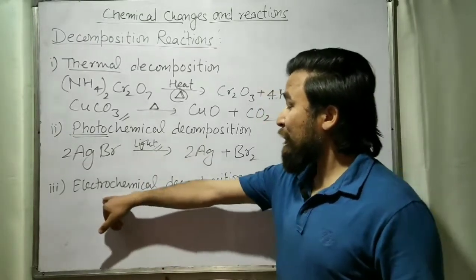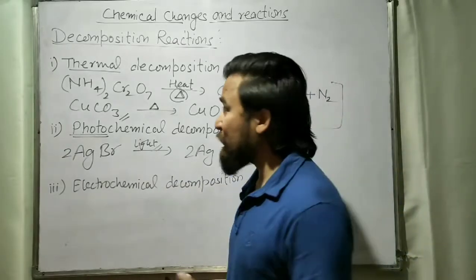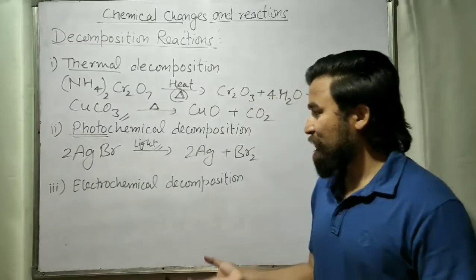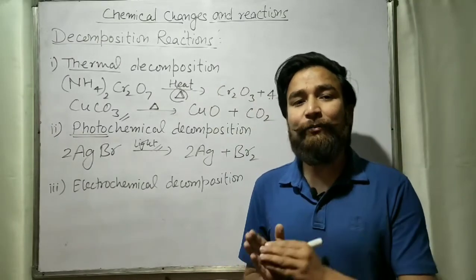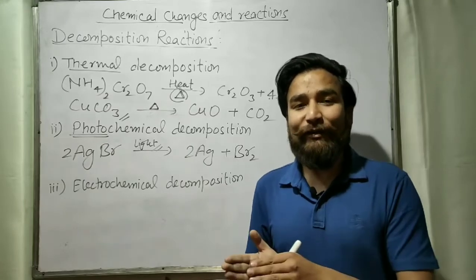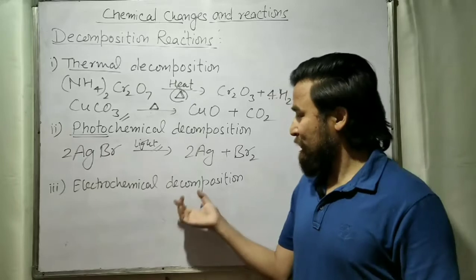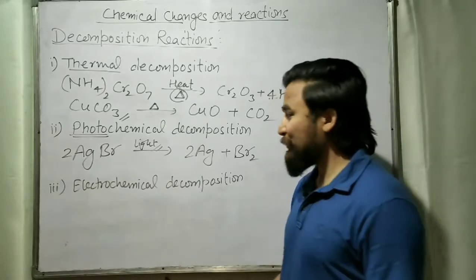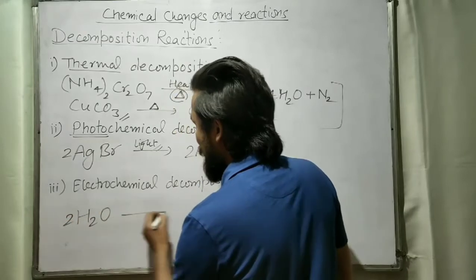The third type of decomposition reactions is electrochemical decomposition reaction. Obviously, it is related to electricity. The decomposition reactions which take place by passing electricity are known as electrochemical decomposition reactions. Let's see some examples, like 2H2O.